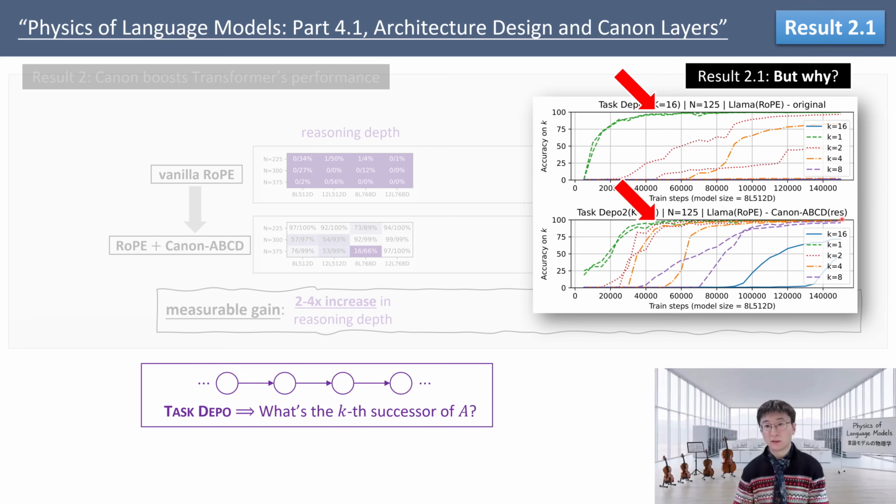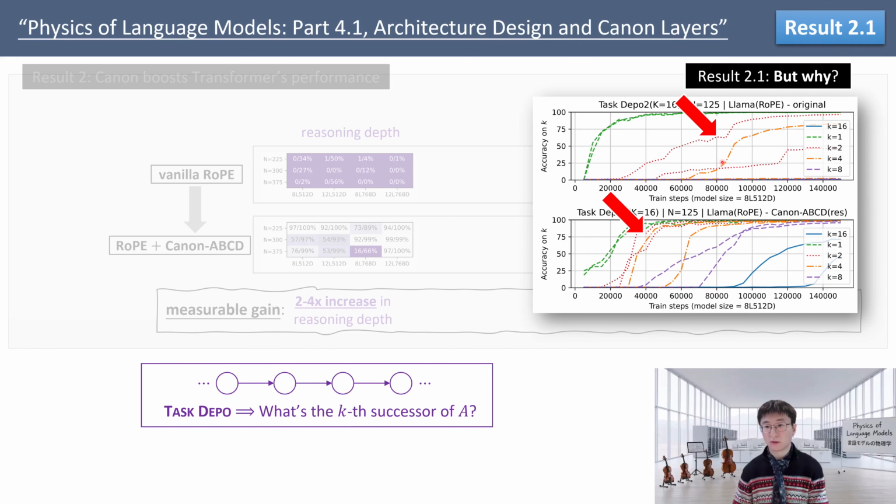So what it turns out to be helping is this hierarchical learning procedure. That is, it makes the model learn 2-hop or 3-hop and 4-hop and so on. So in this graph, you can see, even up to 16-hop, it makes this hierarchical learning perform much faster. In this graph, for each hop, say 1-hop or 2-hop, I'm plotting 2 curves.